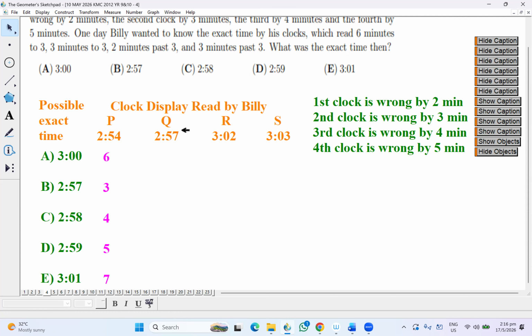If this clock, if the exact time is 3 o'clock, then 3 minutes. If the exact time is 2:57, then 0 minutes. Then 1 minute, then 2 minutes, then 4 minutes.